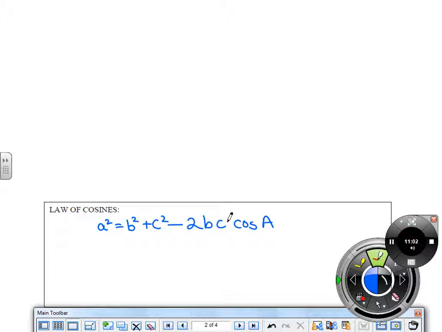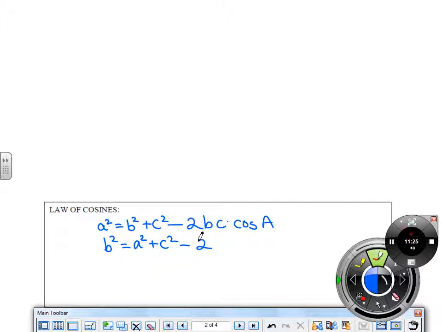So here, if I was finding B squared, what do you think the formula is going to look like based on the pattern that we just talked about? What are the 2 sides I'm going to use to find B? Okay, so here they're going to be added, but it's going to be an A squared and a C squared. Okay? I'm still going to subtract something at the end with a 2.